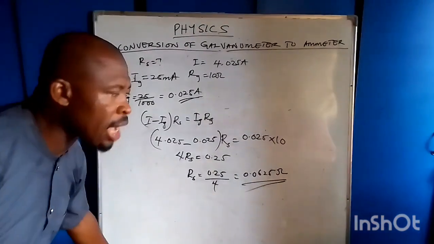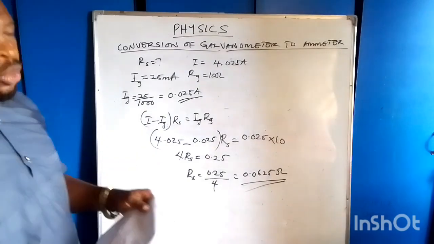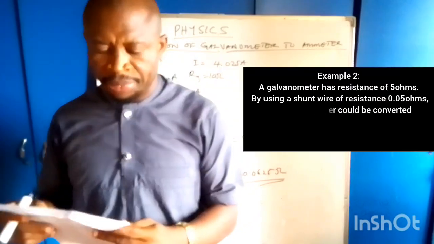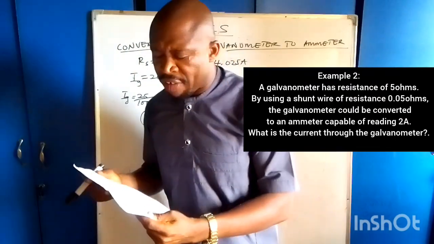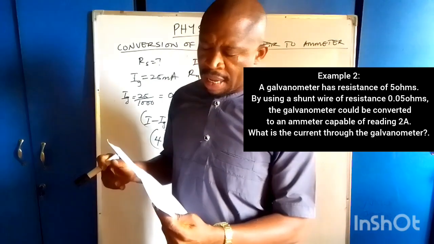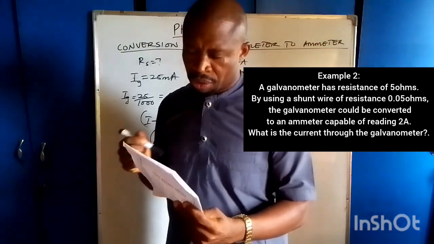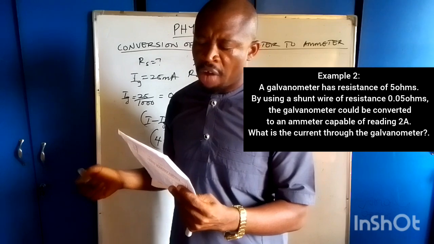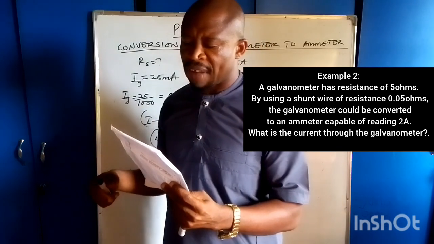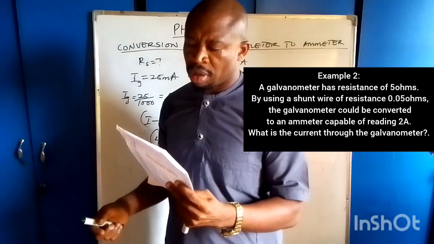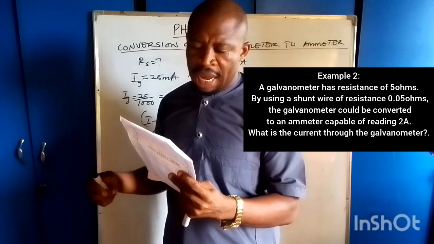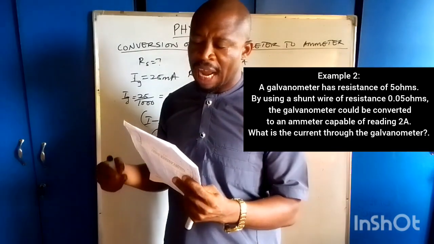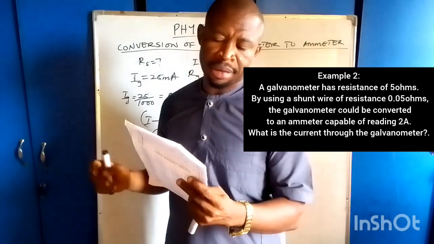So let us take another question. The second one says, a galvanometer has a resistance of 5 ohms. By using a shunt wire of resistance 0.05 ohms, the galvanometer could be converted to an ammeter capable of reading 2 ampere.